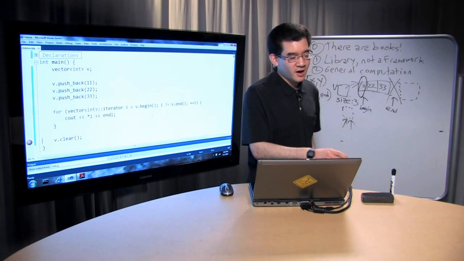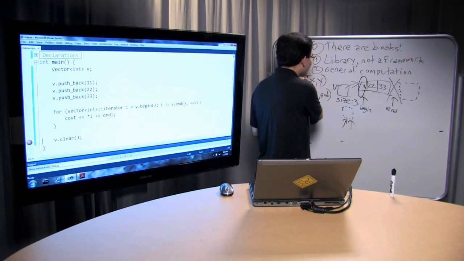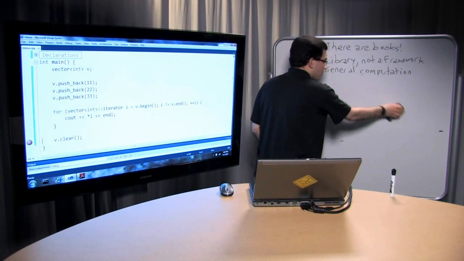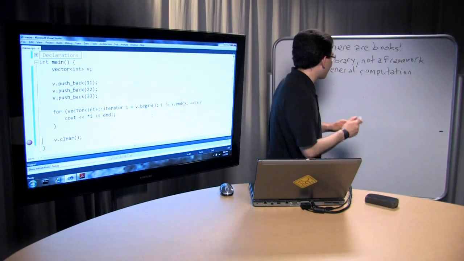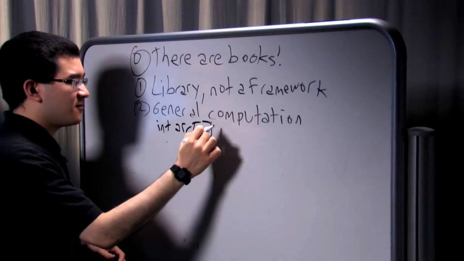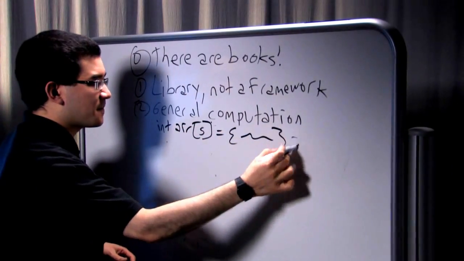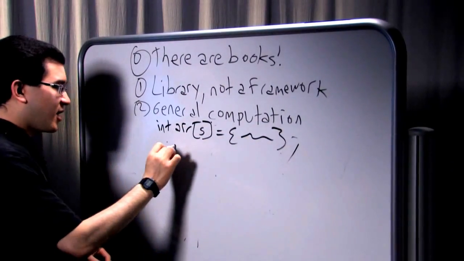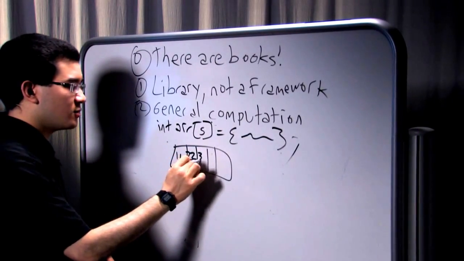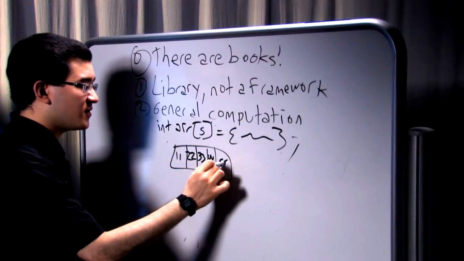The other reason why this is great is this exactly imitates how built-in arrays work. If you look at array, let's go back to that array of 5. So if I say int arr5 is stuff, I can talk about, because I've got an array here in memory, 22, 33, 44, 55.